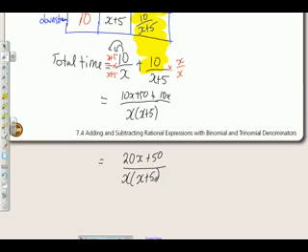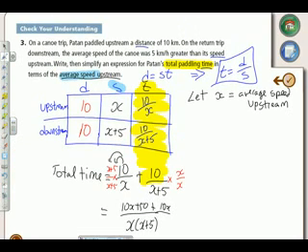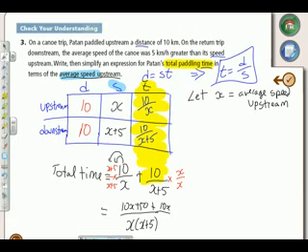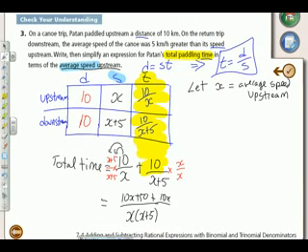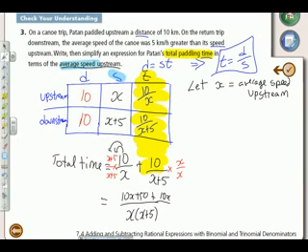But now we look at it and say, okay, for our non-permissible values, we would say, oh, x cannot equal 0 and x cannot equal negative 5. Well, first of all, what is x representing? x is the average speed upstream. Well, I can't have a speed of 0 going upstream, so I don't even have to state that.